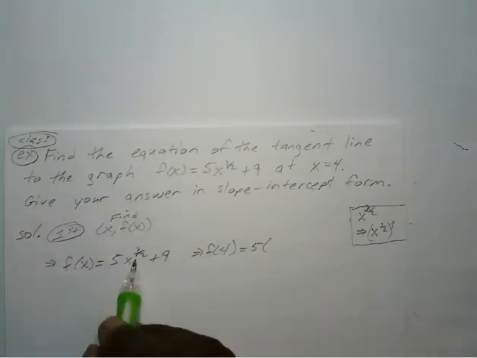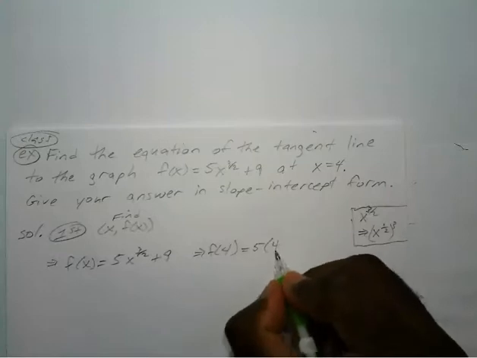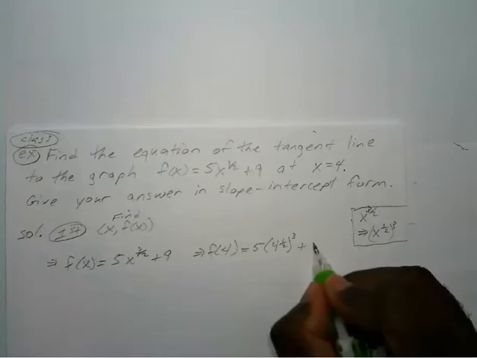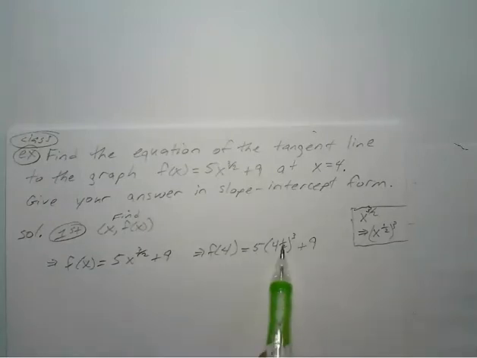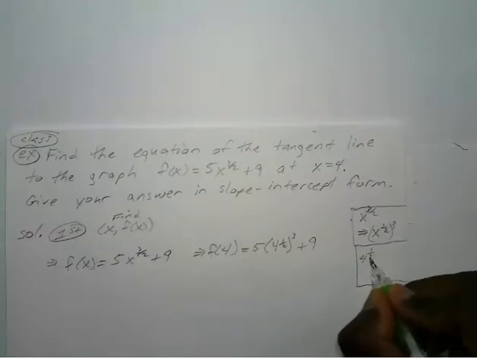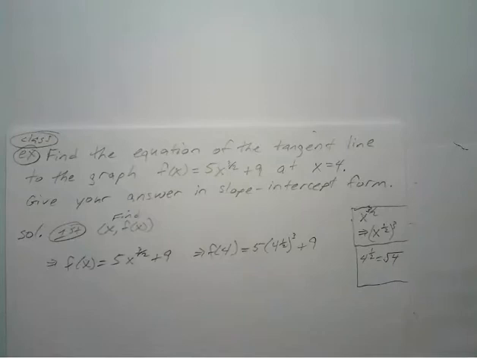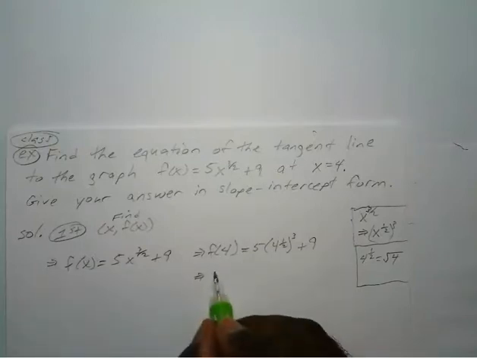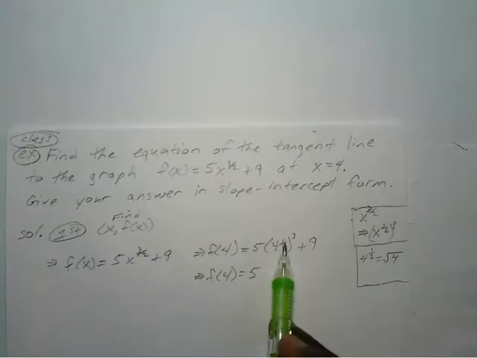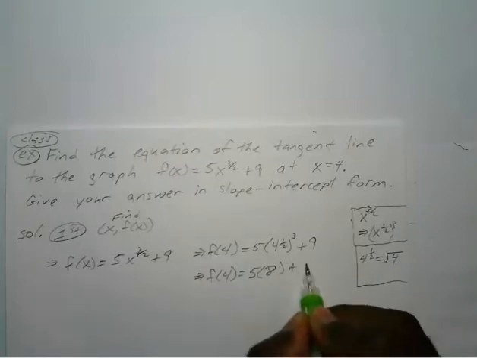So we're going to have 4 to the 1/2 power raised to the 3rd power plus 9. And the reason I did that is because 4 to the 1/2 power is just the square root of 4, which we know is 2. Now it's plus or minus 2, but we're just using the plus for this one. So f of 4 is equal to 5 times the square root of 4, which is 2, to the 3rd power, which is 8, plus 9.